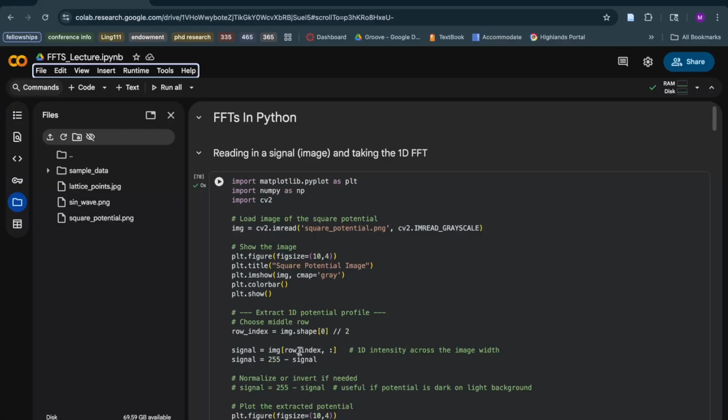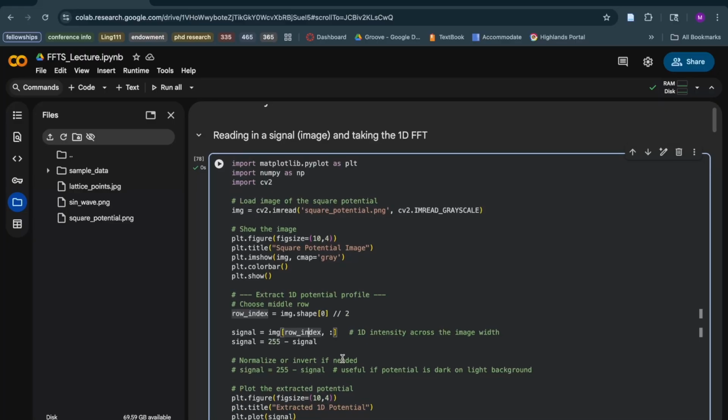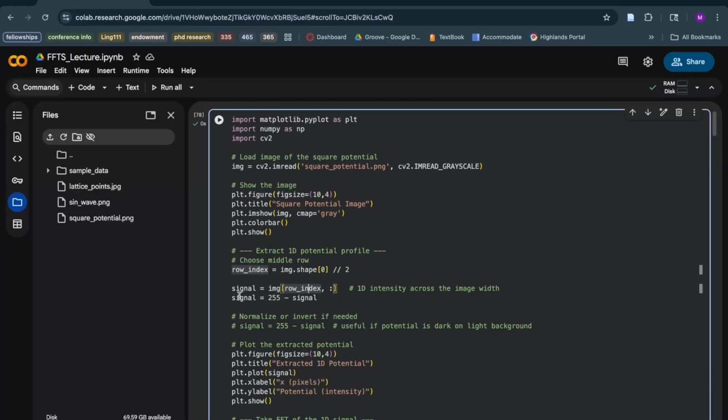Then we call that row the signal by taking just that row and all of its information in that column. Then we do 255 minus the signal. The reason we do this is just to make the signal brighter in the image below, which you will see in a second for a later plot. Don't worry about it too much. Then we're going to plot this signal, so just that row, so we can see that.